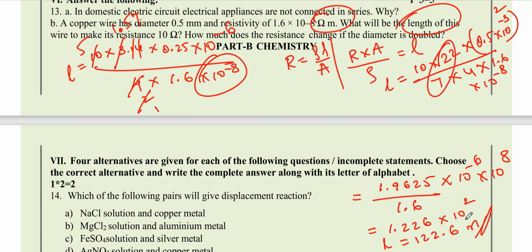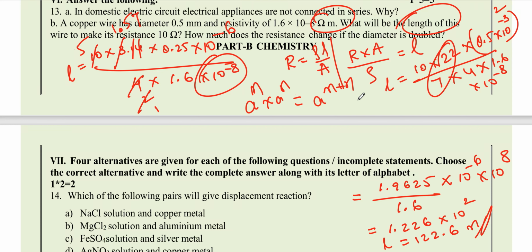So what is the length? Length of the wire is 122.6 meters. 8 minus 6 is 2. If bases are same, you have to add the powers. We have the identity a to the power m into a to the power n can be written as a to the power m plus n.